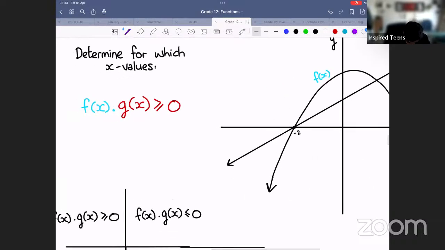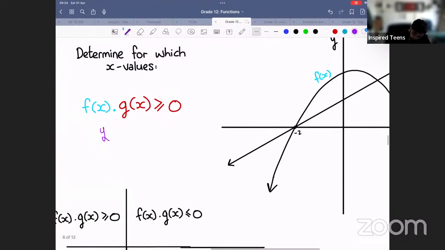Firstly, because we are dealing with f of x and g of x, we are dealing with two y values. So exactly how it's stated, this is a multiplication of two graphs. You're taking the y value of f times the y value of g, and it's greater than or equal to 0.